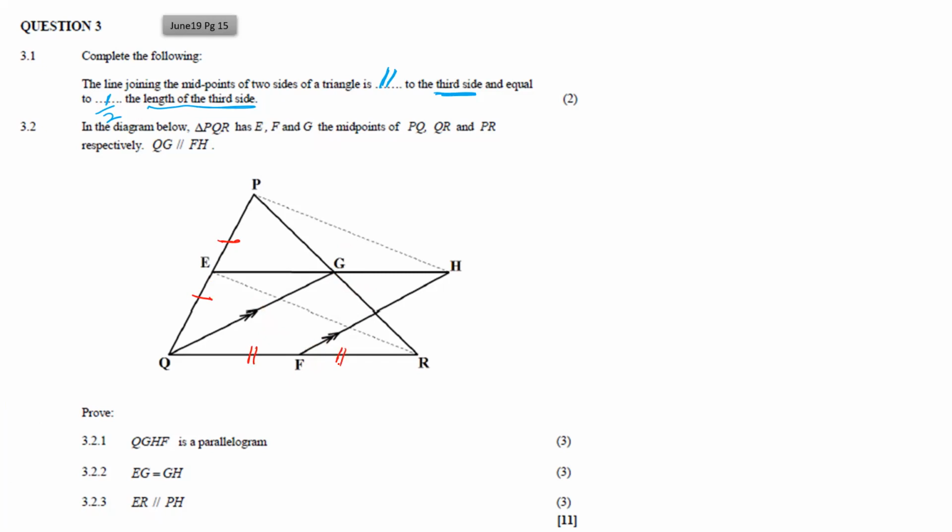And then it told us also that G is a midpoint. Let me just put a dot. All right, so we have our midpoint theorem there. And then it tells us that QG is parallel to FH, which is drawn for us, so it's quite easy to see. But anyway, going to the first question.